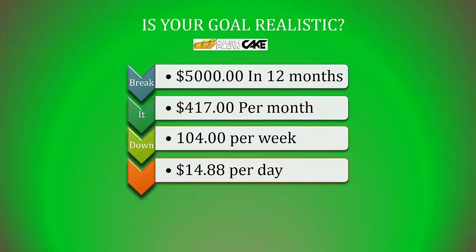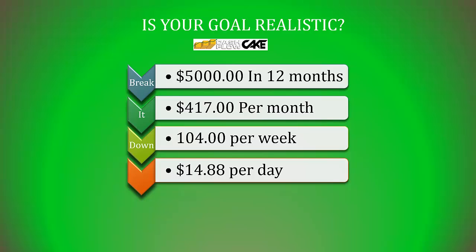But simply put, looking at the per day values is going to help you a lot, because when an individual looks at $14.88 a day, they might say, hey, I do have $20 in my pocket, so I can put that $14 in my savings account before going to McDonald's with a friend and just blowing it.